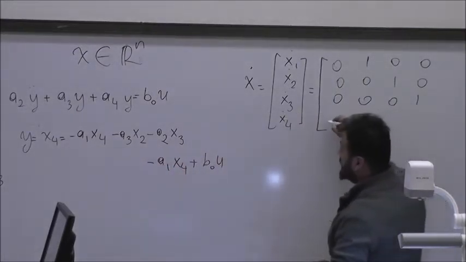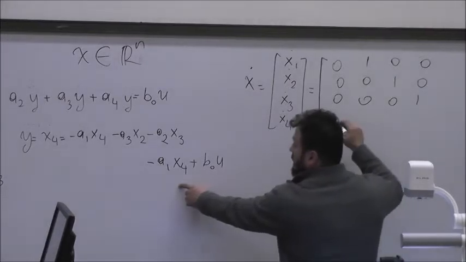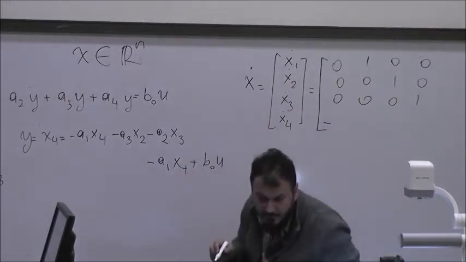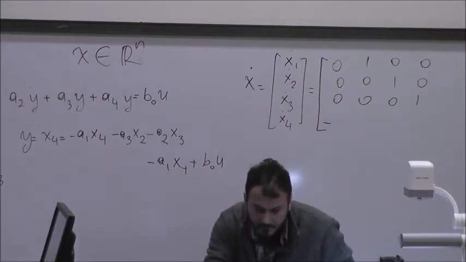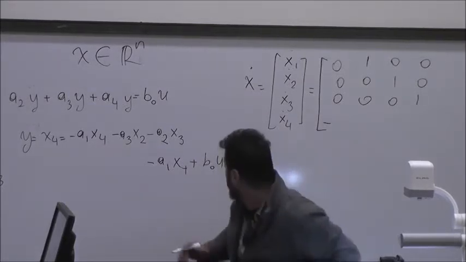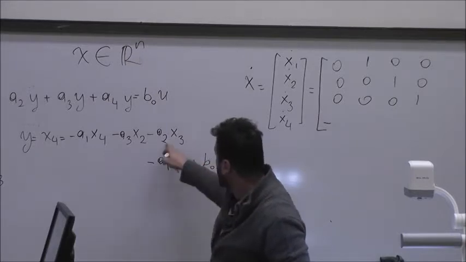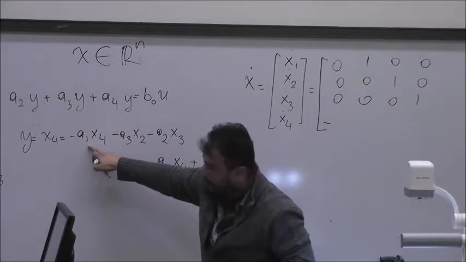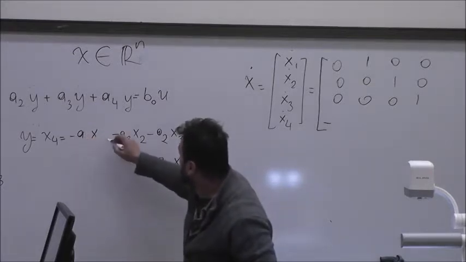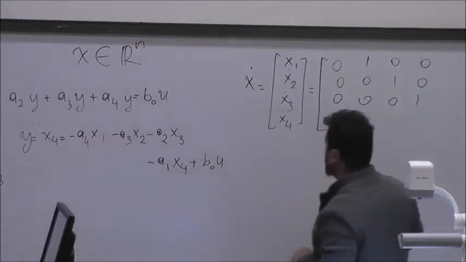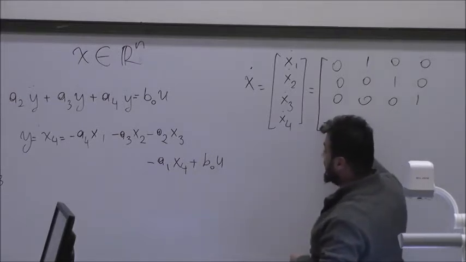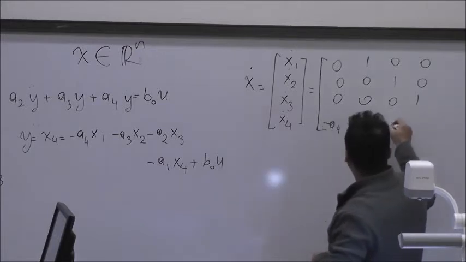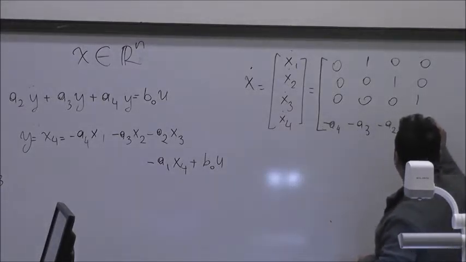So minus, oh, this should be 1. Which one should be 1? It should be a4 x1, a1 x4, right? A1 x4, okay, 1, 2, 3. Now it should be a4 x1. So here I have minus a4, minus a3, minus a2, and minus a1.